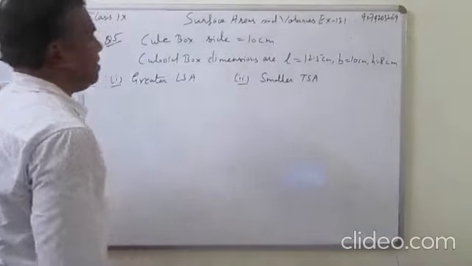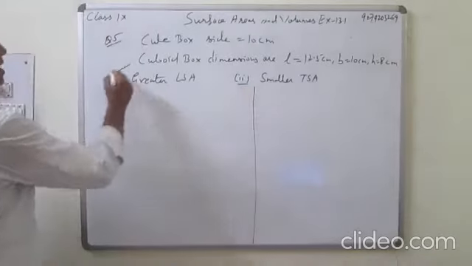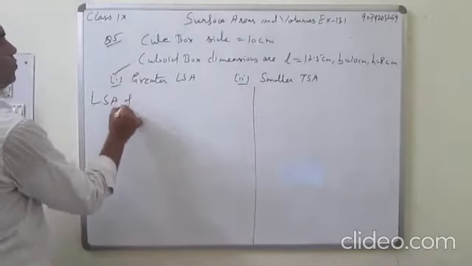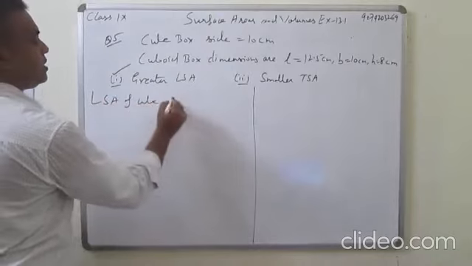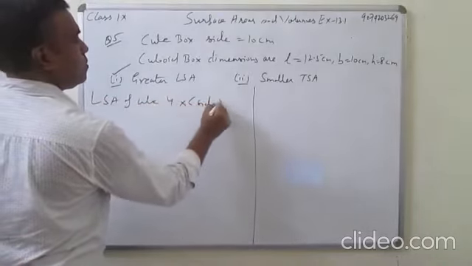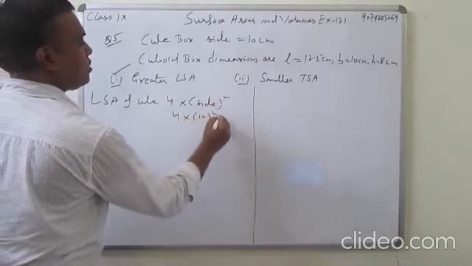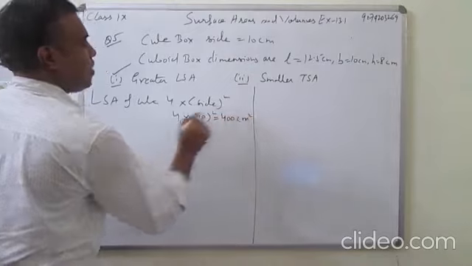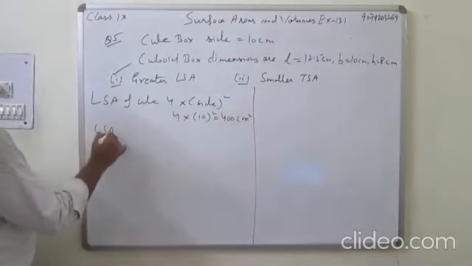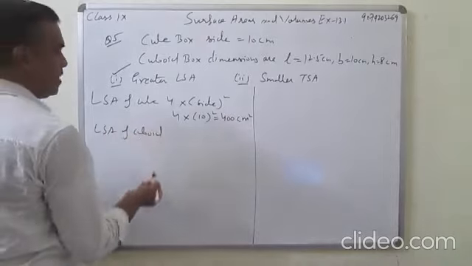So we will apply formula based question. First we calculate LSA. LSA of cube is 4 into side square, so it becomes 4 into 10 square, equal to 400 centimeter square. Now LSA of cuboid. What is the formula of LSA of cuboid?